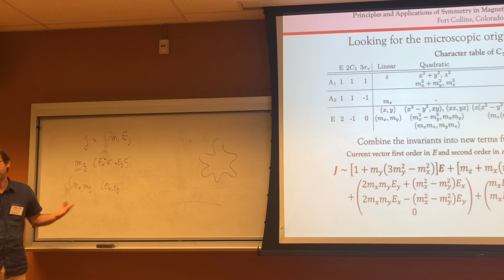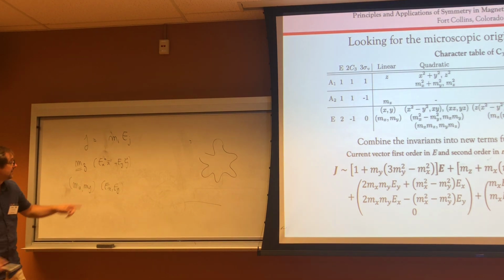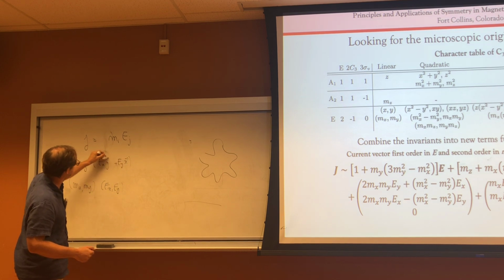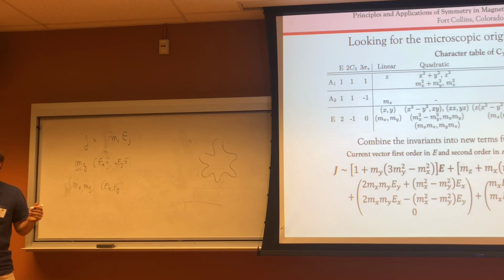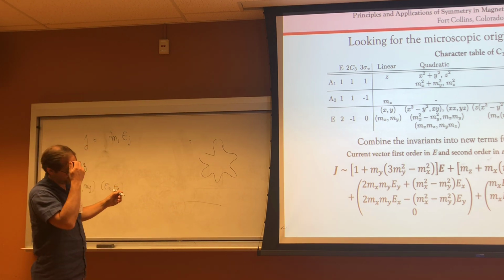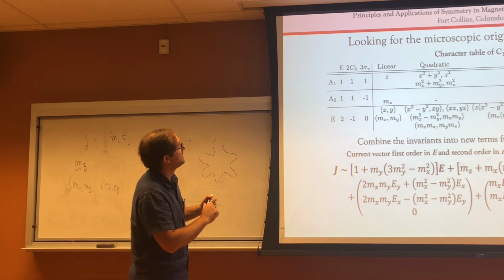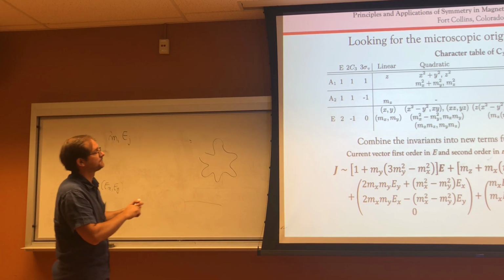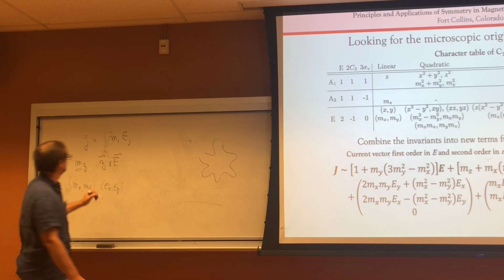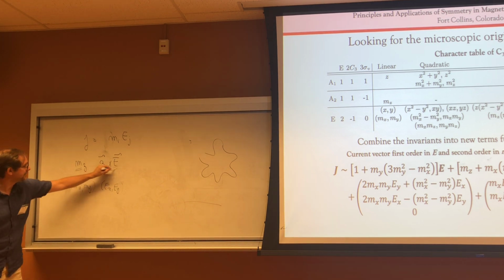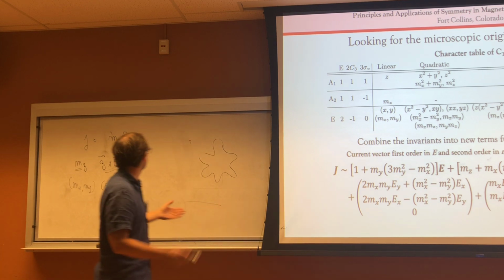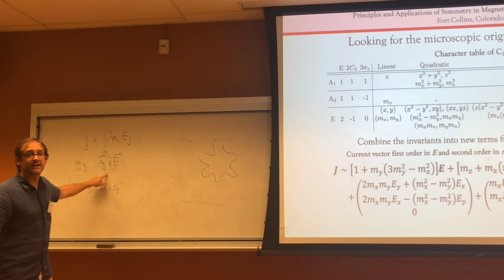Then you can think, well, I have four other possibilities, like Ex along Y and Ey along X, for example, and so on and so forth. It turned out that the one that is antisymmetric, the one that transforms like an actual vector, is Z cross E. You can verify that it transforms as an actual vector, and if I make the product of those two, I will have a polar vector.